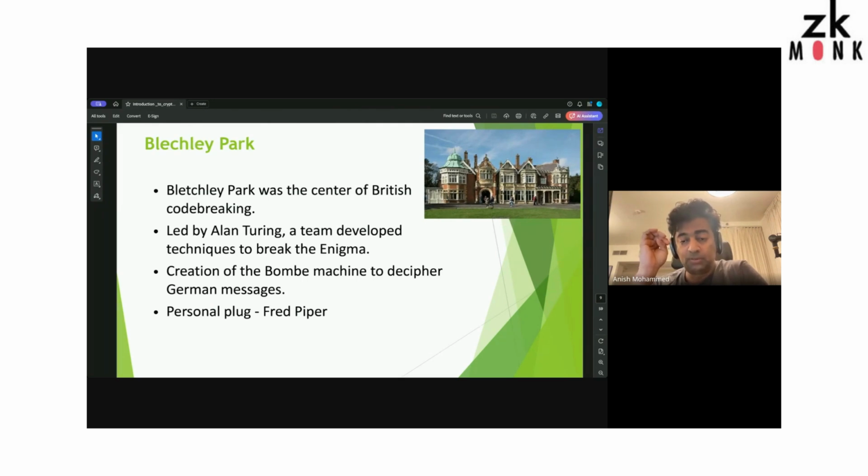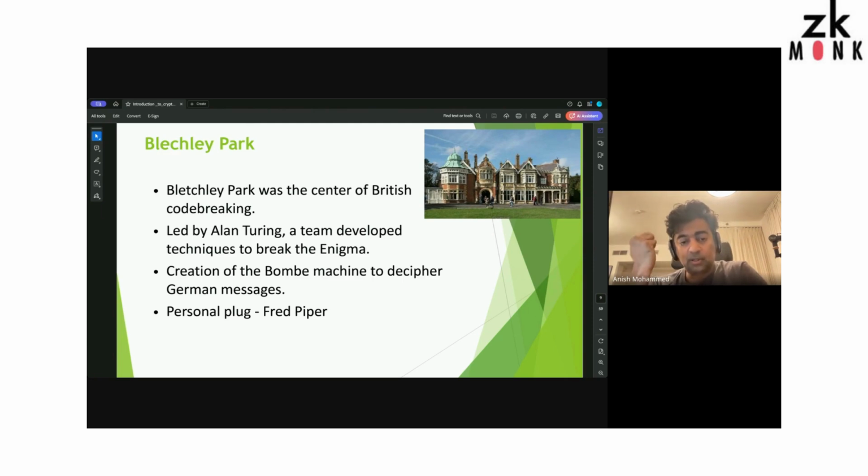There was a whole bunch of huts around this place that were all burned down or moved after World War II was over. And all the work that was done in Bletchley Park was classified for a very long period of time.